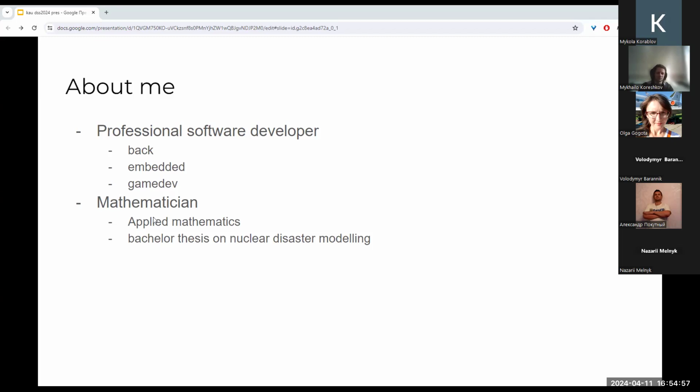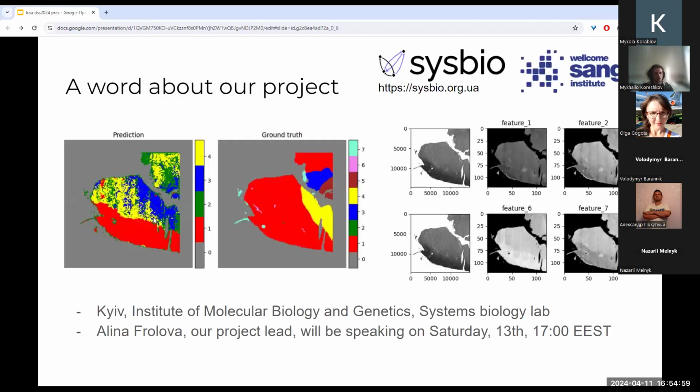So let's proceed. Today I will be talking about texture classification, and this talk is inspired by our project in the laboratory where I am working, the Laboratory of Systems Biology, or CIS-Bio for short. The laboratory is part of the Institute of Molecular Biology and Genetics.